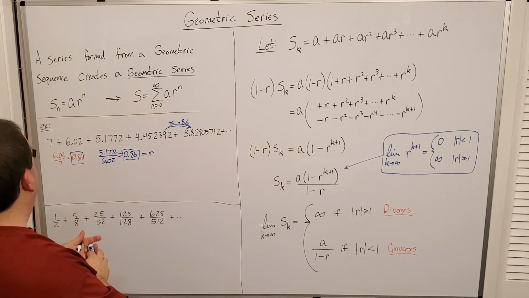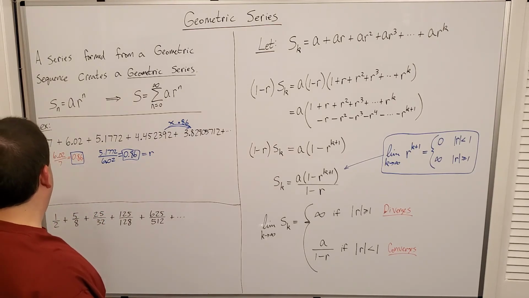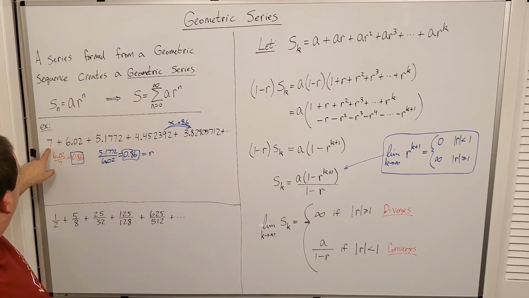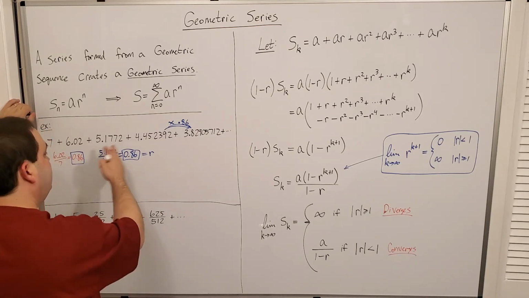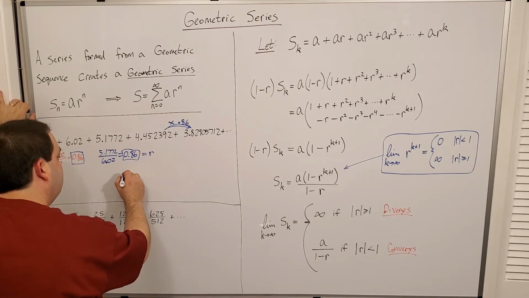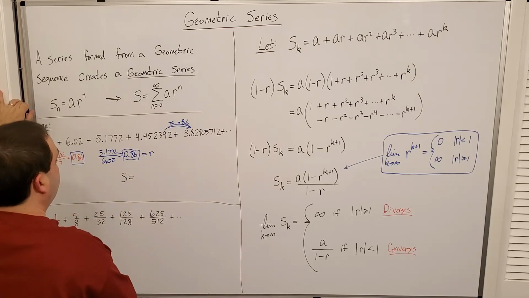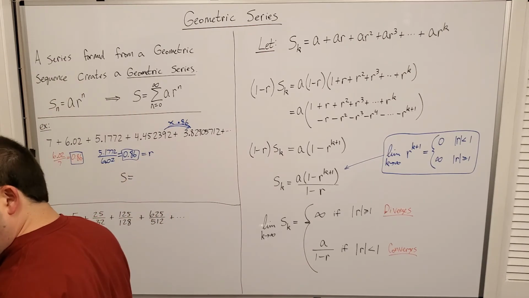And then as I said before, the first term here is the A. So my A is going to be 7. Therefore, I can actually set this up as a sequence.